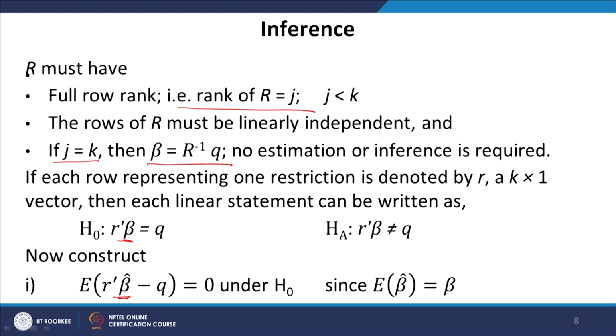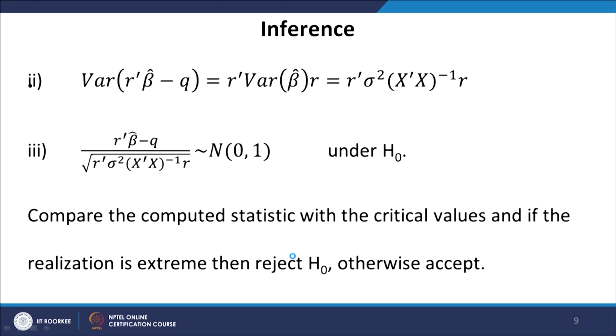So, R beta equals Q is my null hypothesis, which is equivalent to R prime beta minus Q equals 0, and this beta is replaced with the beta hat, and expected value of beta hat is actually considered, under the null hypothesis.